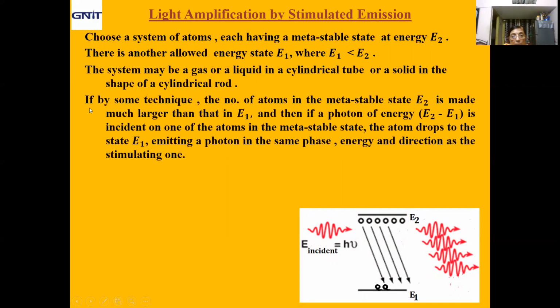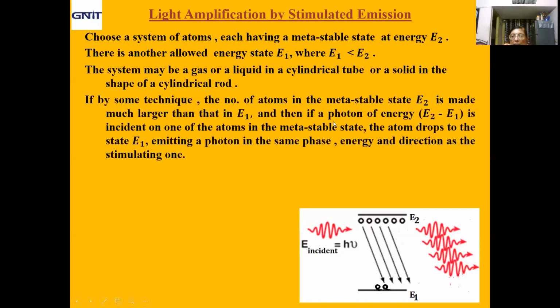Now, very, very important, take a look. If by some technique the number of atoms in the metastable state E2 is made much larger than that in E1, that means the population of atoms in energy state E2 you have to maintain much larger than the population of atoms in energy state E1.